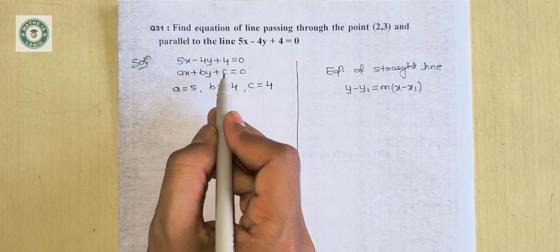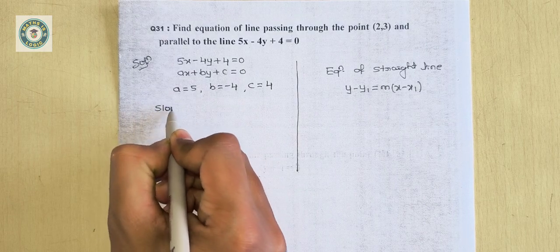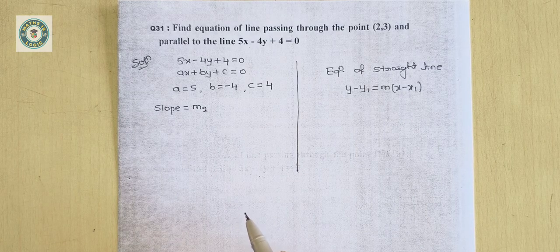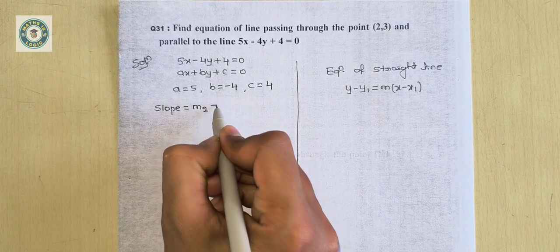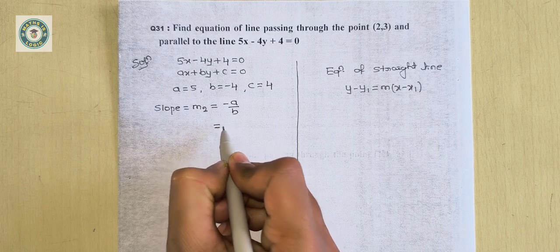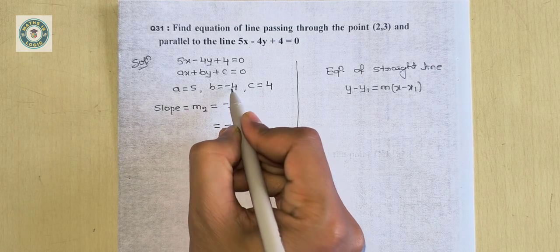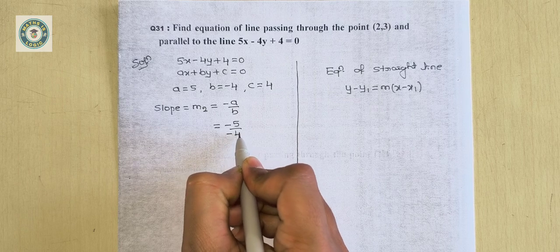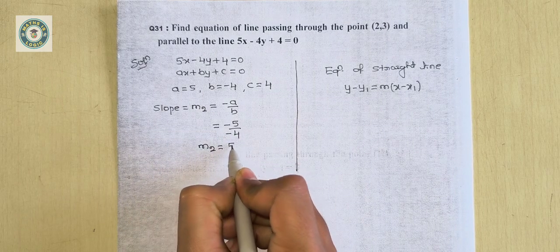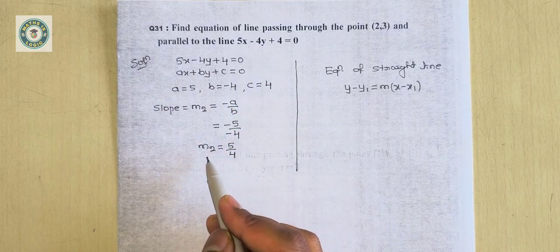Whenever ax plus by plus c is equal to 0 is given, the slope of the second line is m2 is equal to minus a divided by b. So minus 5 divided by minus 4. Therefore m2 is 5 divided by 4. This is the second line slope.